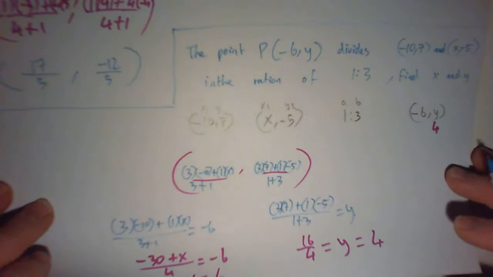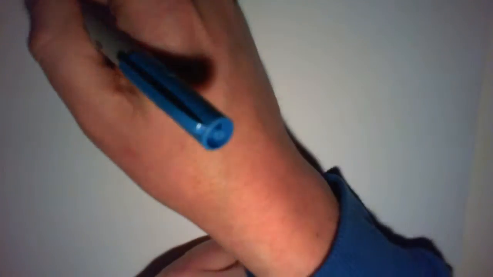I'm going to do one more, just to make it easy on you. Just a nice little simple one. Hopefully you'll be able to get this one. Find the point P that divides minus 3, 4, and 5 minus 4 in the ratio.